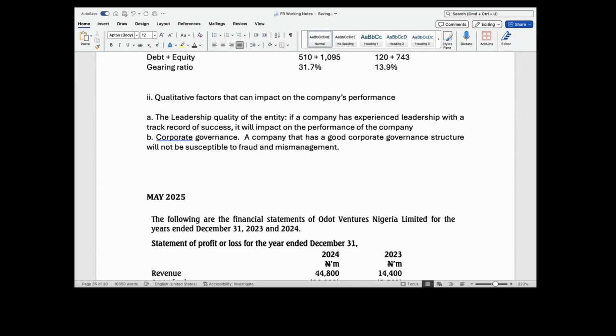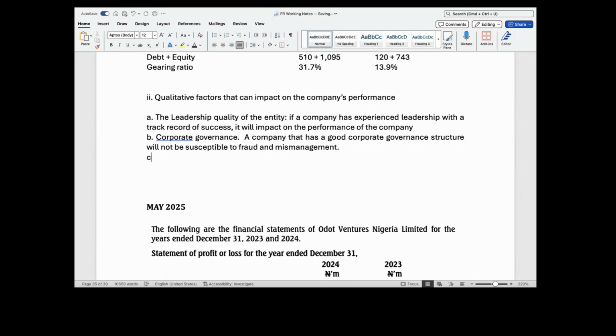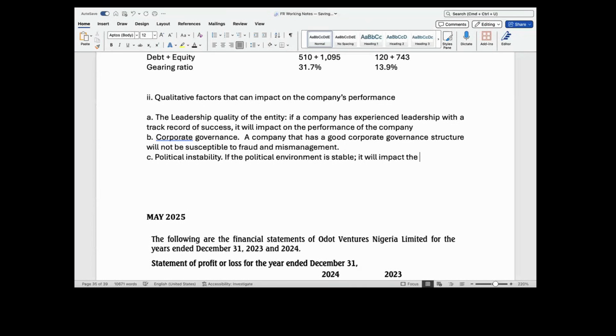So it will impact their performance. Another one is political instability. If the political environment is stable, it will impact the performance of the company.